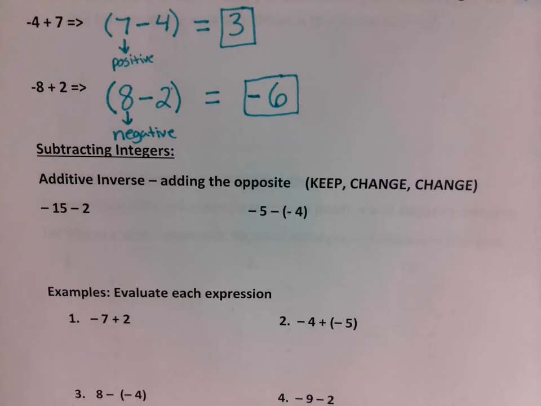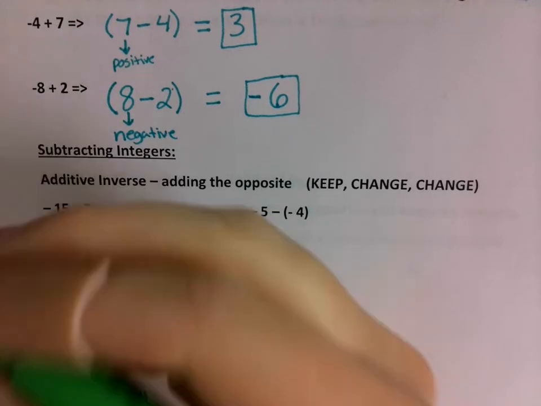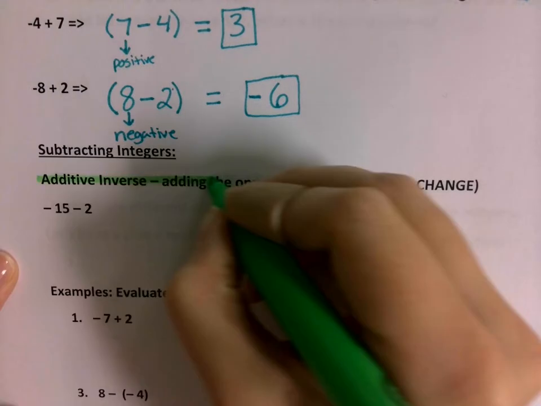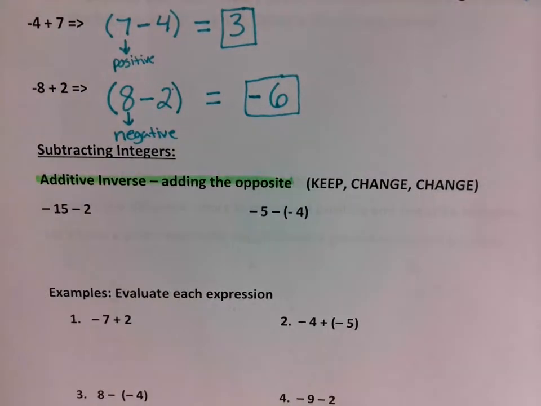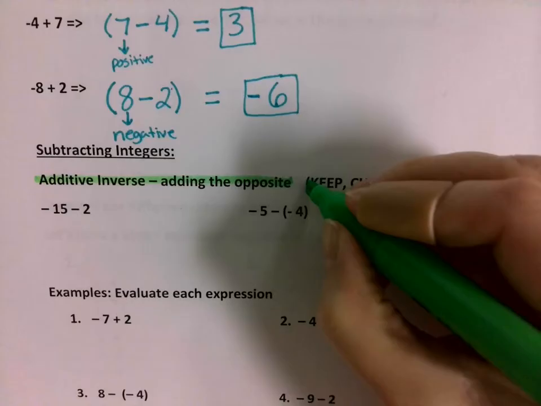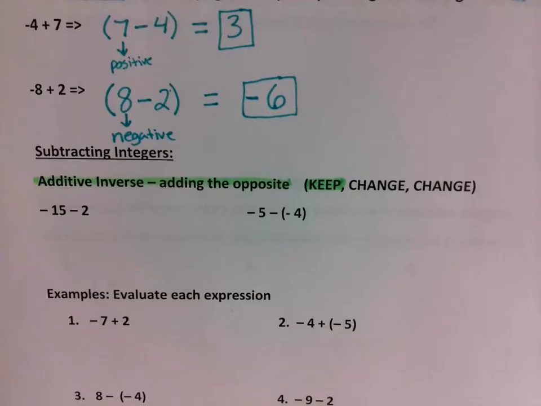So we also call that a keep, change, change. Okay, keep, change, change. That's how additive inverse works. You're going to keep the very first number exactly as it is. You don't change anything about it. It stays a positive or it stays a negative. You're then going to change, we'll do that in blue.